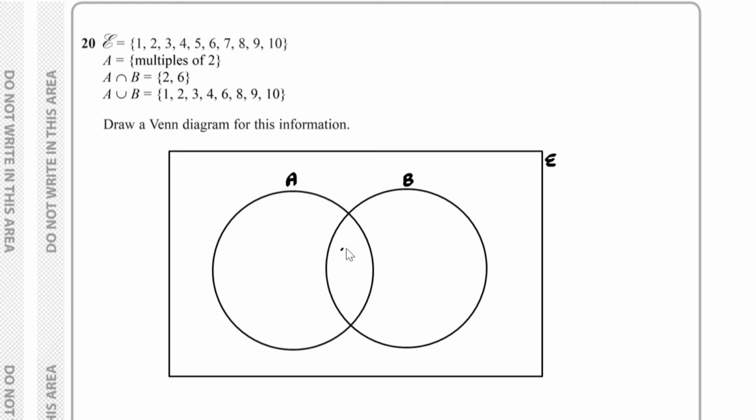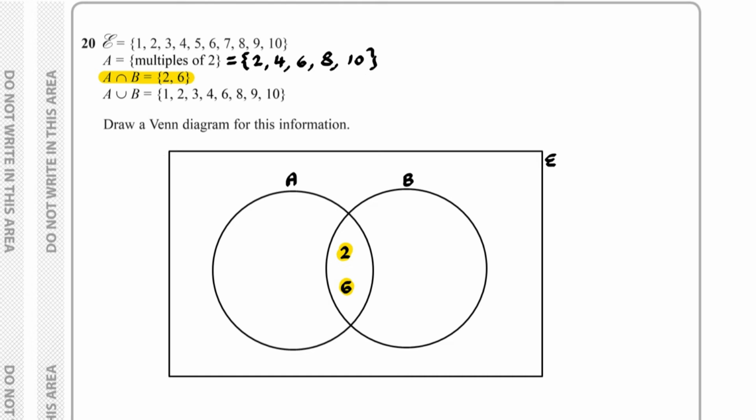So we've got 2 and 6 for A and B. So the multiples of 2, we would have 2, 4, 6, 8 and 10.